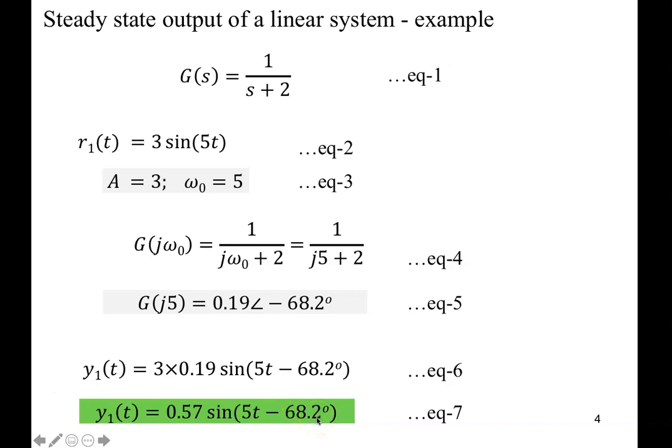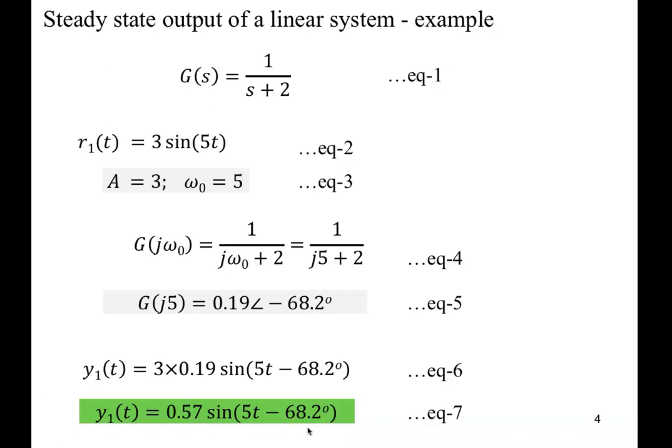That is the steady state response of this system to this particular input. So the amplitude of the output in steady state will be 0.57, the frequency is the same, and the phase angle is minus 68.2 degrees.